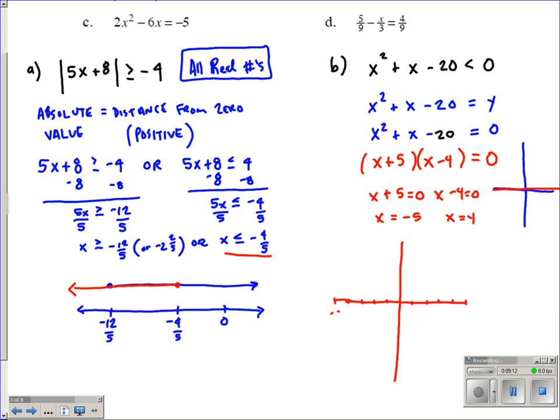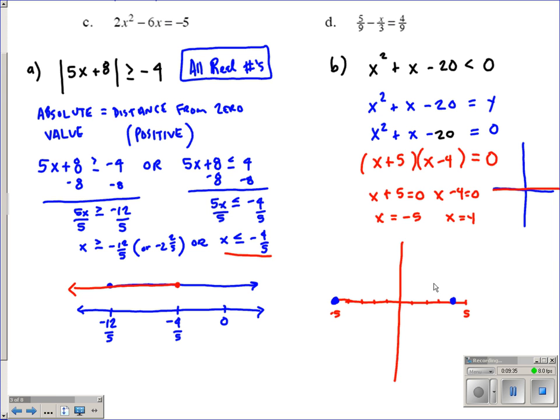So this is -5. This is +5. So we know that when x is -5, and I'll make that blue so we can see it, there we go, and x is equal to 4, we'd have a point here.